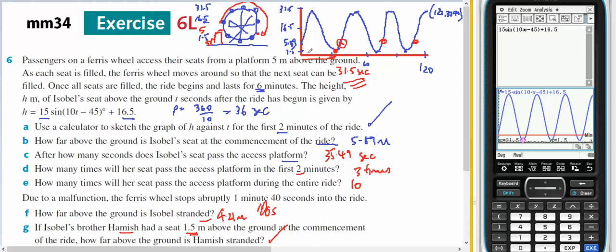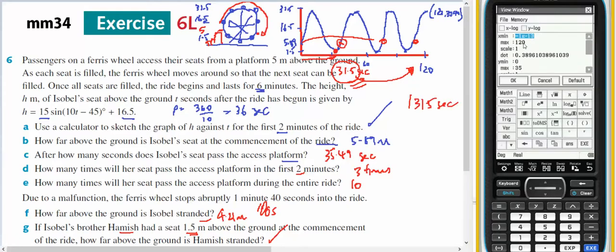So since I worked out how far Isabella was by adding 100 seconds to where she was, what I'd like to do is add 100 seconds to where Hamish is, and I'm looking for 131.5 seconds. And since mine only goes out to 120, I'll make it up to 140.